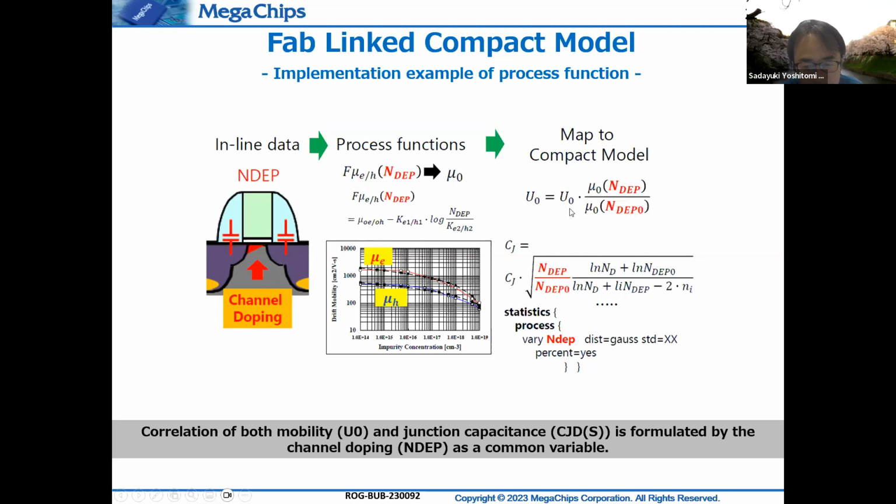So we replace each model parameter stored in the BSIM model card to implement this kind of fluctuation term. For the CJ fluctuation, the junction capacitance fluctuation, we use the same kind of approach. And CJ's fluctuation implementation example is shown here.